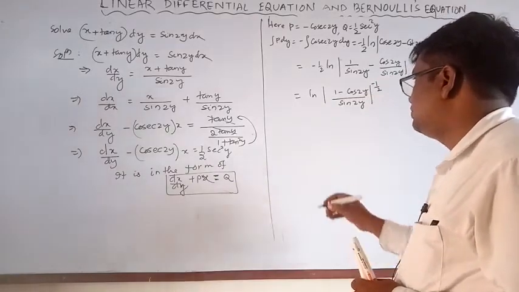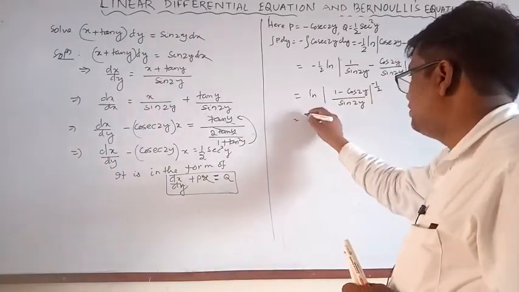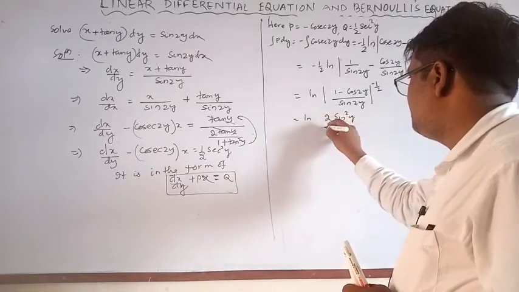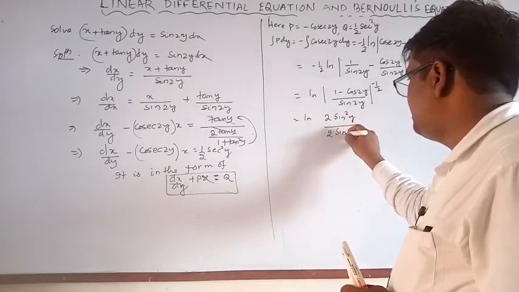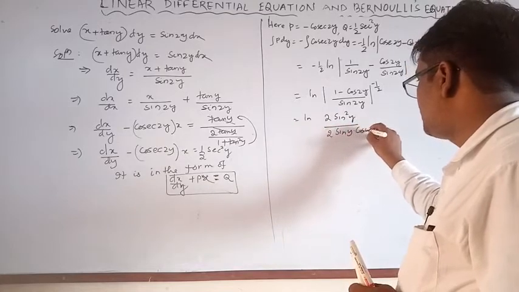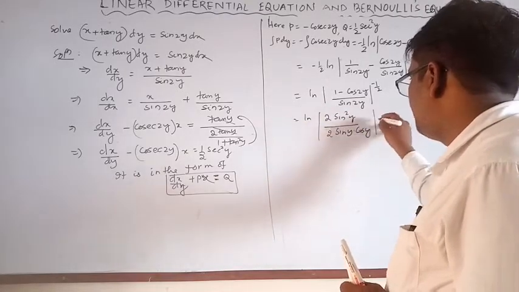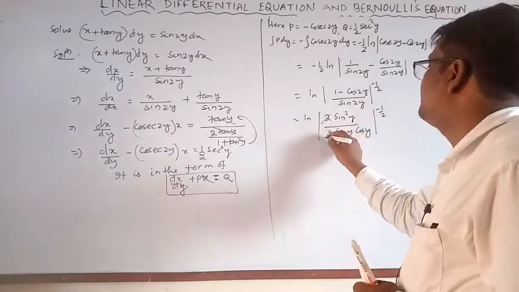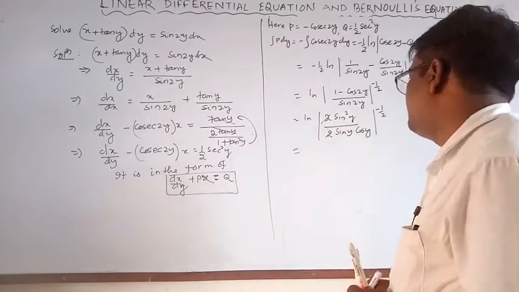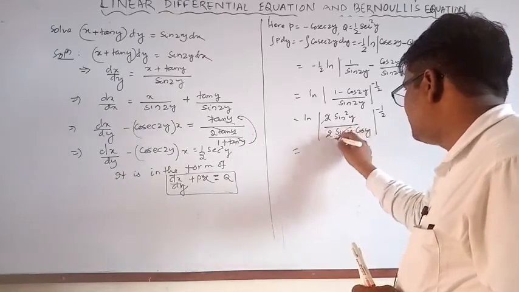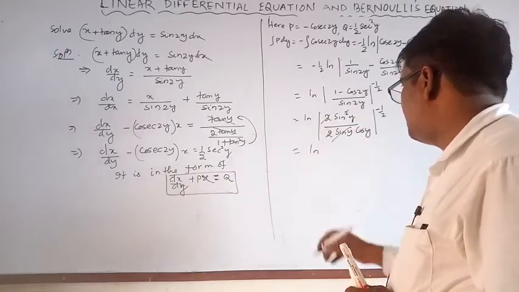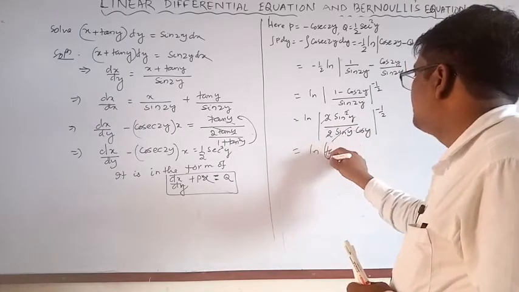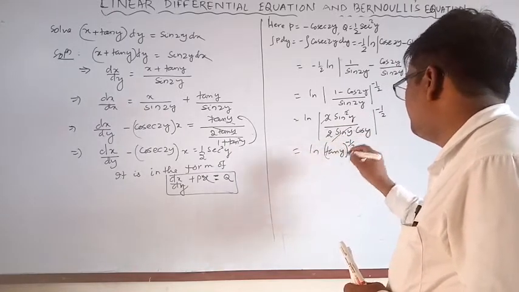Okay, so this is equal to log of (2 sin square y by 2 sin y into cos y) to the power minus 1 by 2. So 2 cancels here, one sin cancels here, that is log of tan y to the power minus 1 by 2.